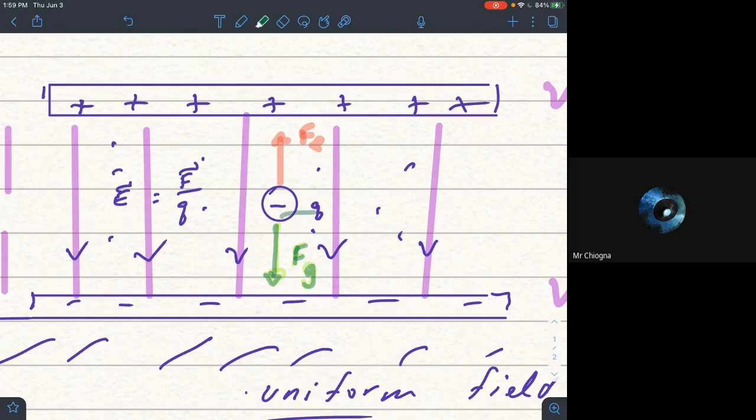If it's sitting there, stationary, not moving, what can you say about these two forces? Yeah, good, they're equal.